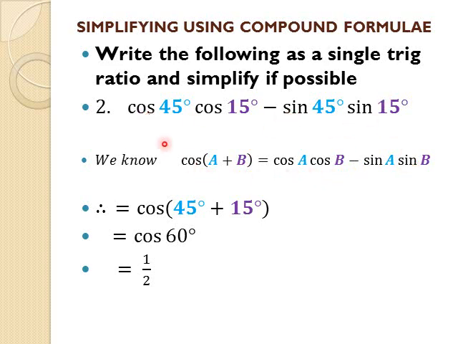So therefore, I can write this as cos (45 plus 15 degrees), the minus becomes plus. 45 plus 15 gives me 60, and the cos of 60 equals half, 1 over 2. Hope you follow. You can see there, A and A, 45 and 45, B and B, 15 and 15. Therefore, I'm using the cos compound angle.